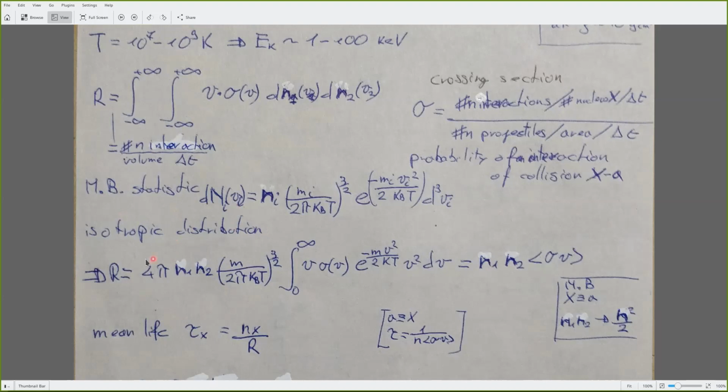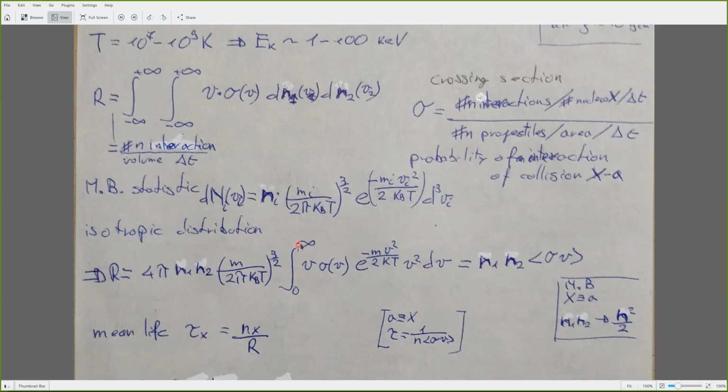With an isotropic distribution, the probability is uniform, and at the end you have this value, essentially integrating a mean value, like we remember in the Maxwell statistics. To have a mean value, you integrate the characteristic property you want, multiplied by the distribution over all the values.